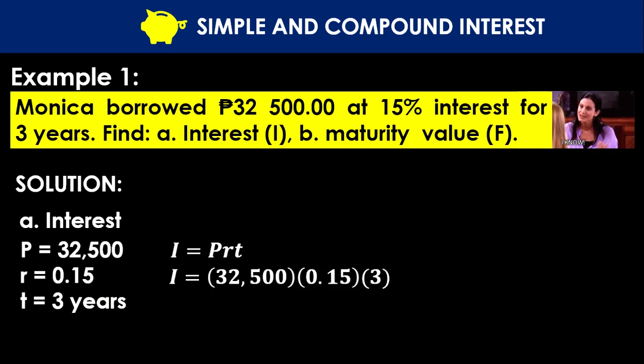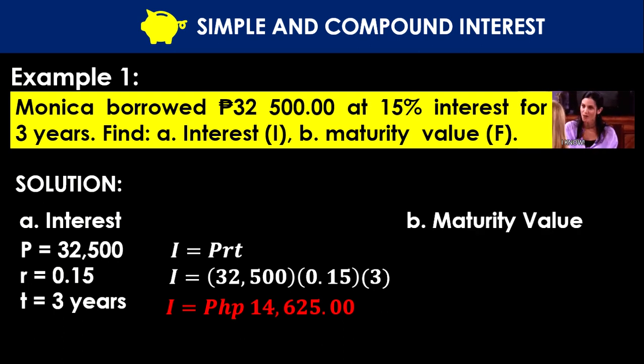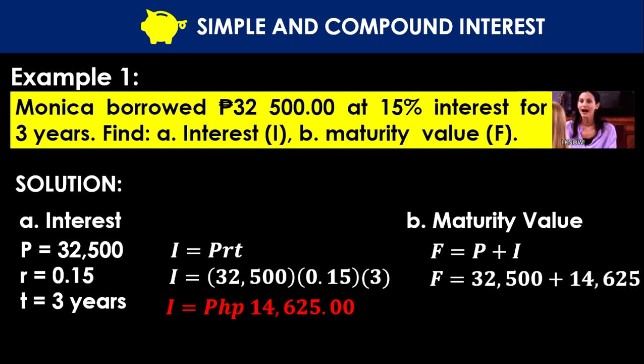We have 32,500 times 0.15 times 3. So we'll have our interest as 14,625 pesos. For the maturity value, all we need to do is to add the principal amount to the interest. That is 32,500 plus 14,625. And the maturity value here is 47,125 pesos.